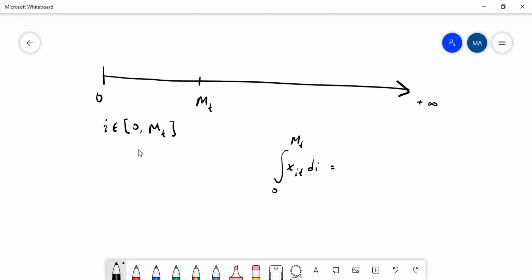now in the symmetric equilibrium, what do you have? There's just one here, so eventually you have xt times mt, right? So it gives you the summation of them.